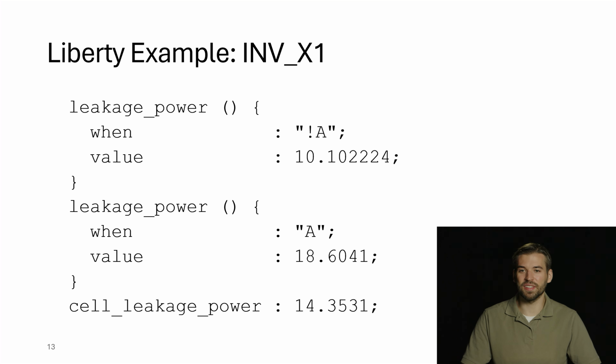And then lastly, at the bottom, you'll see this other thing called cell leakage power, and that one's 14. This is the case where sometimes you don't actually know what the current state is, but you want a decent approximation. So here it's going to be defined as 14, which you'll notice is just the average of the two values that were given.